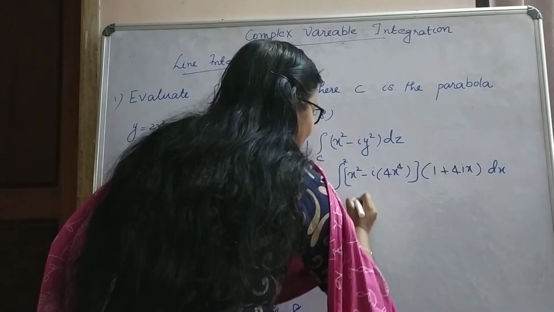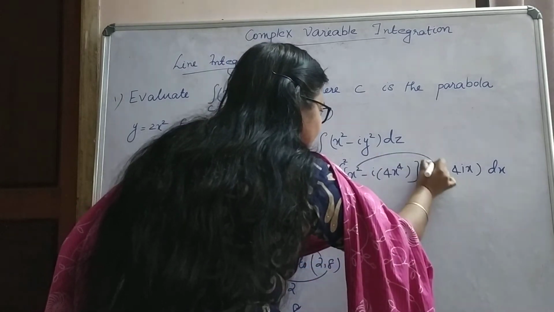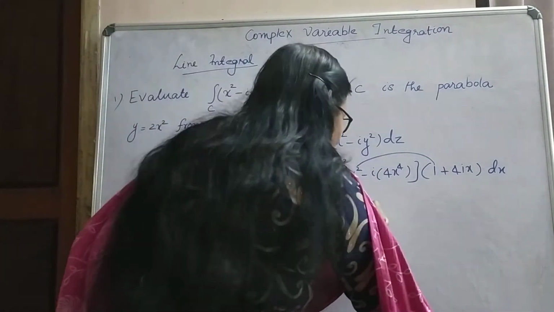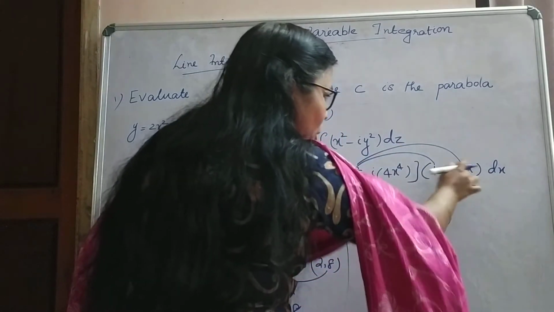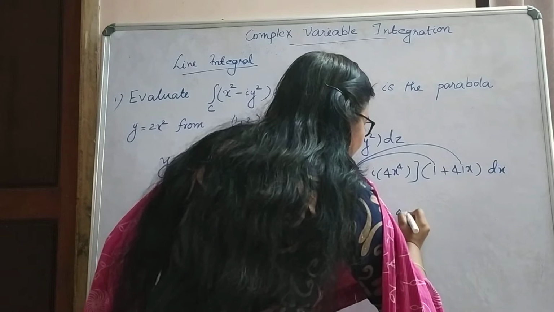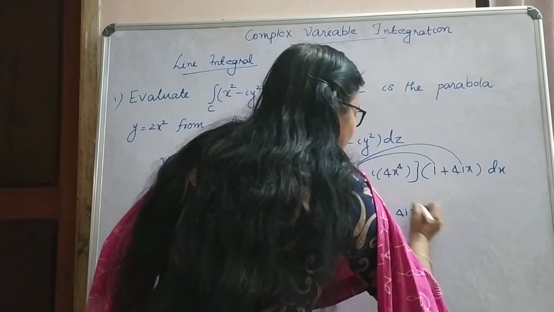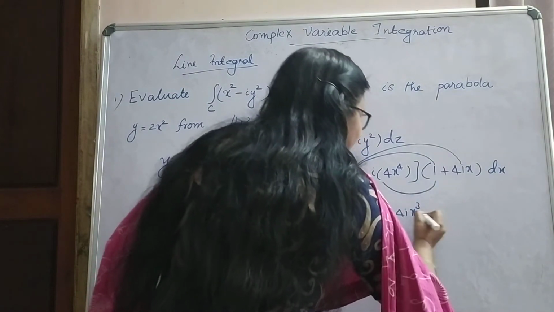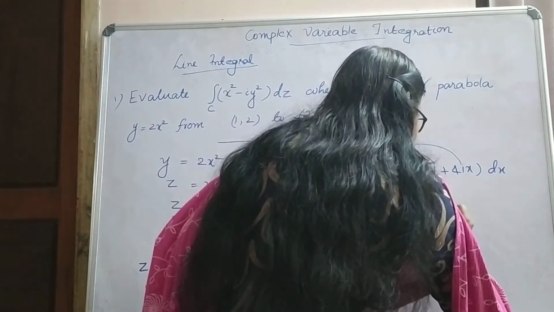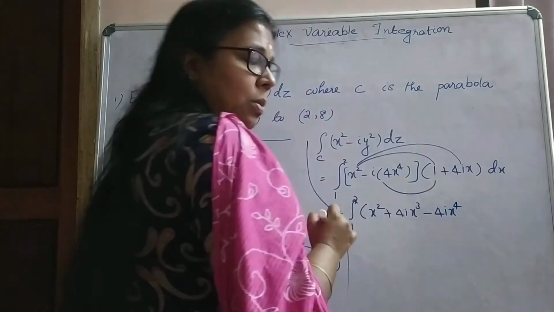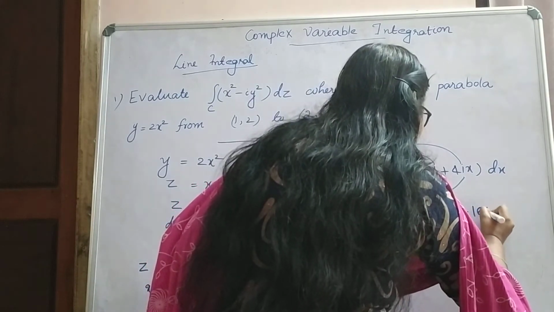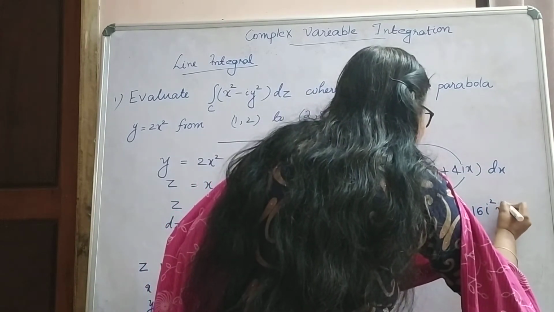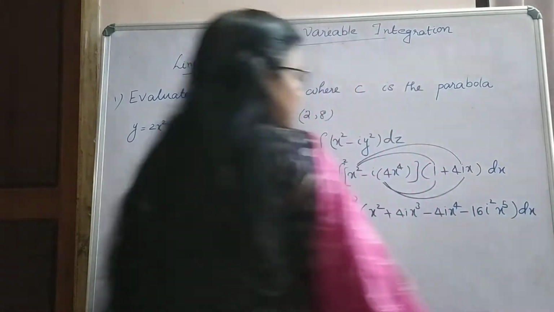First term x square into 1, which is x square. Then x square into 4ix, plus 4ix cube. Then minus 4ix raised to 4. Then minus 16 i square x raised to 5 dx.